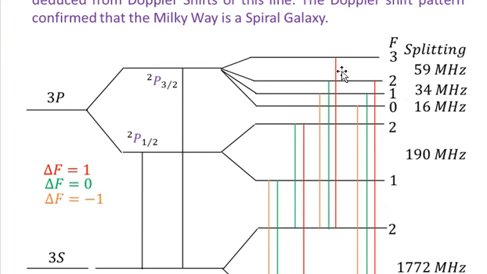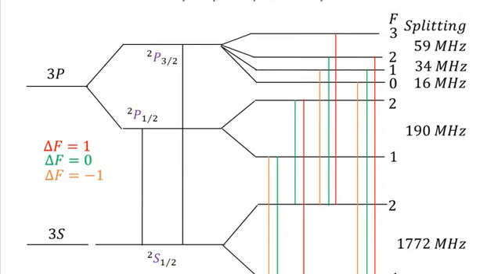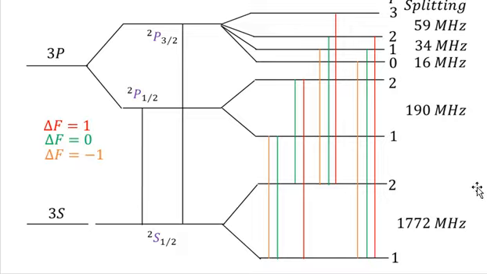The splitting between these consecutive levels is given as 59 megahertz, 34 megahertz, and 16 megahertz. And the quantum number F has also been specified. I have also shown the optical transitions among the hyperfine splitting levels in 3 different colors: red, green, and light brown.